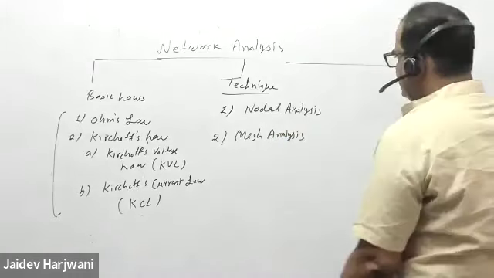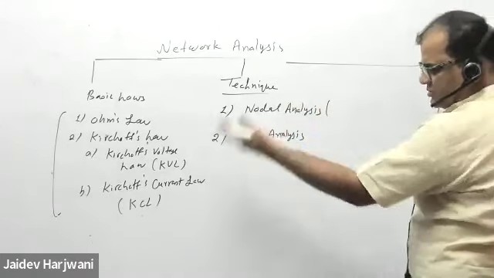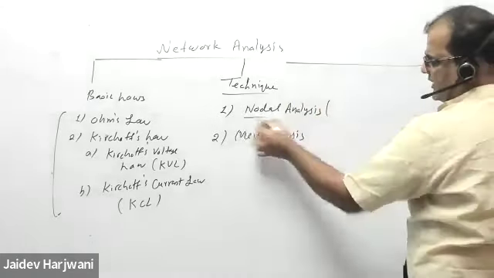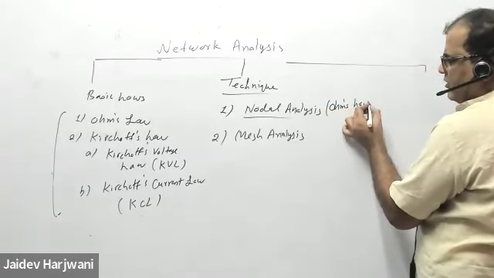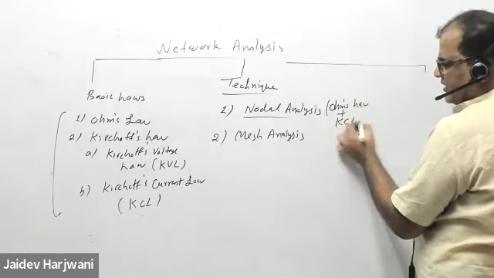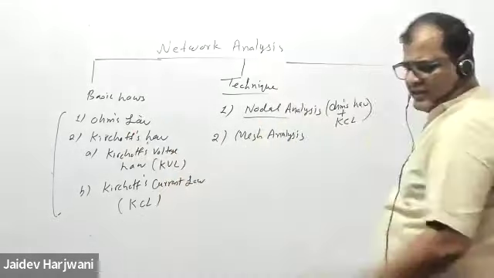Nodal analysis means basically you always require Ohm's law. This technique is a combination of solving circuits using Ohm's law plus KCL. If you combine these two things, that becomes nodal analysis.